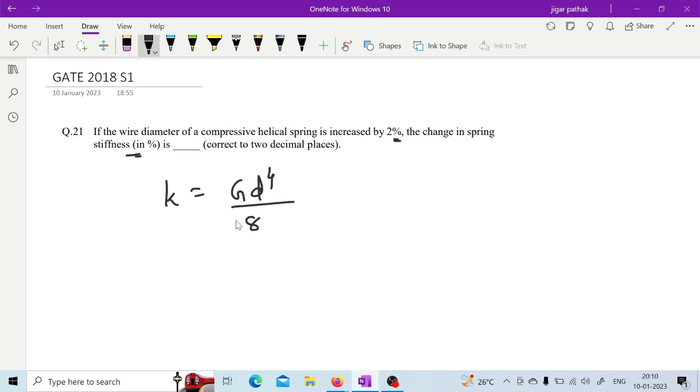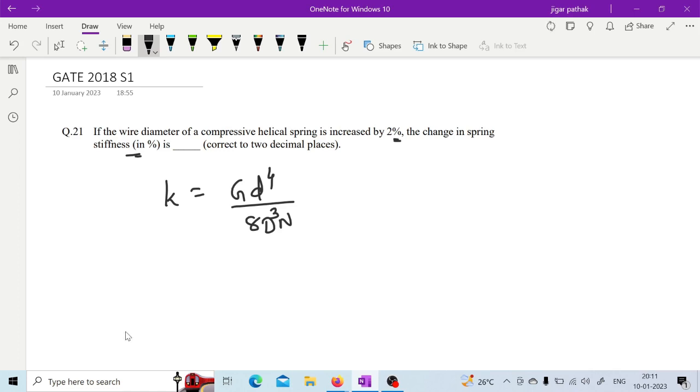It is 6GD raised to 4 upon 8D cube, sorry, capital D cube. P is our load. So this is how your stiffness varies. Correct?